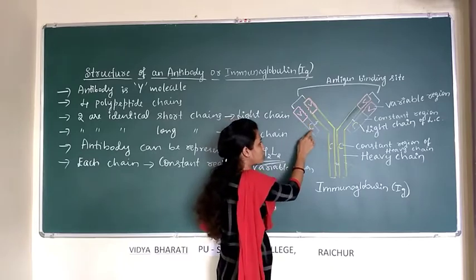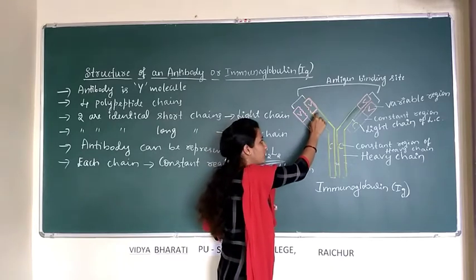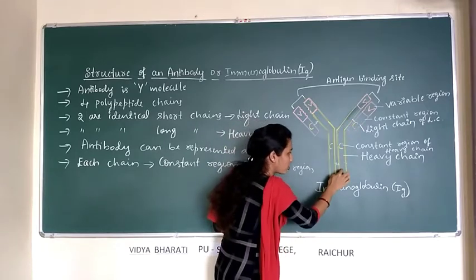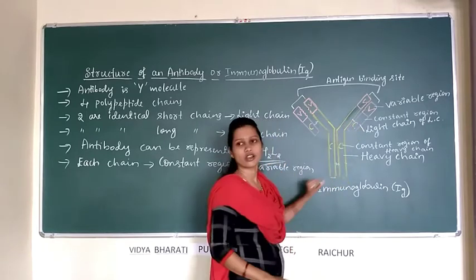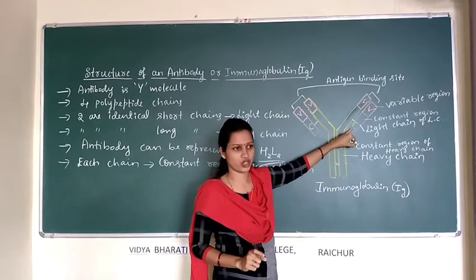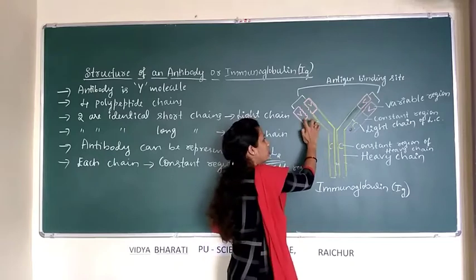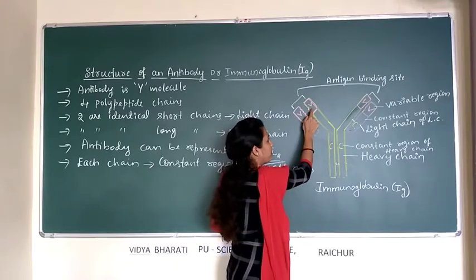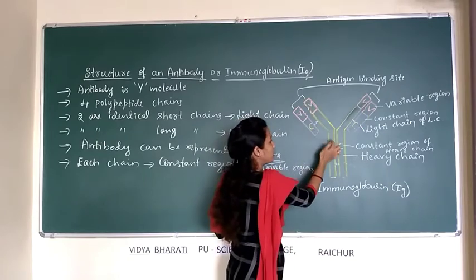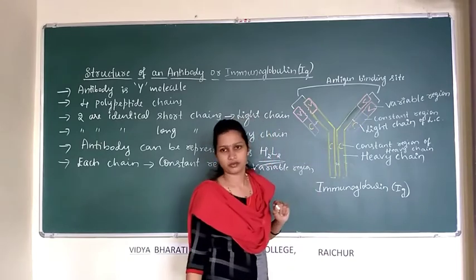In this chain this is the constant region, in this chain this is the constant region. Each chain contains a constant region and a variable region. V indicates variable region, C indicates constant region.